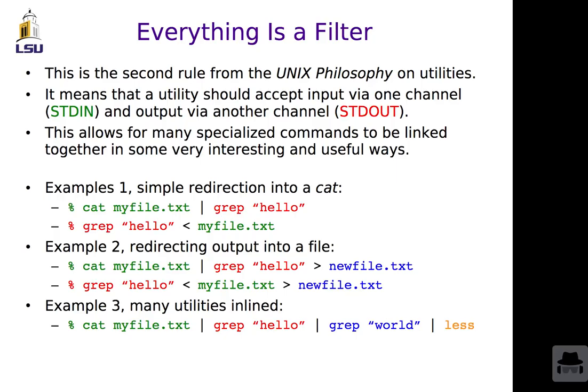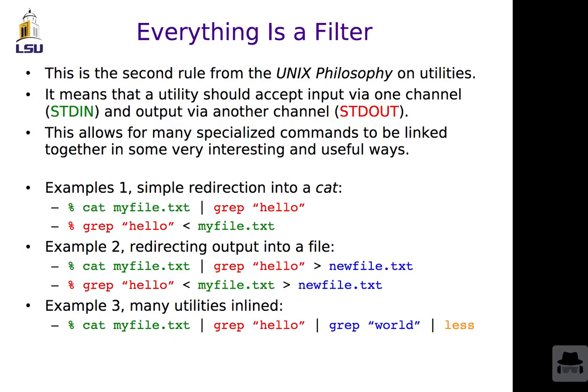Rather than using cat, the shell is actually interpreting your intent here, and it is using its own mechanisms to dump the contents of myfile.txt into grep, and then it'll output whatever it is you're looking for. You can also have multiple redirects.